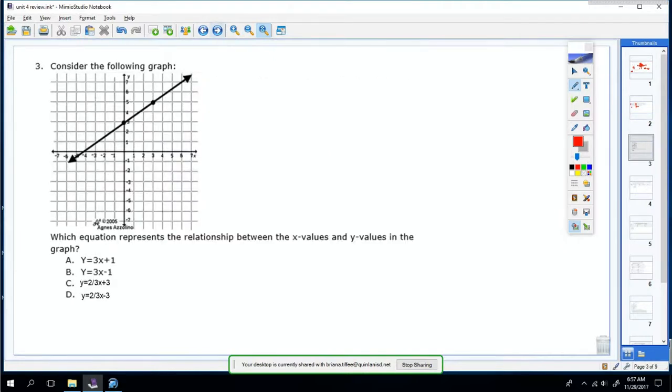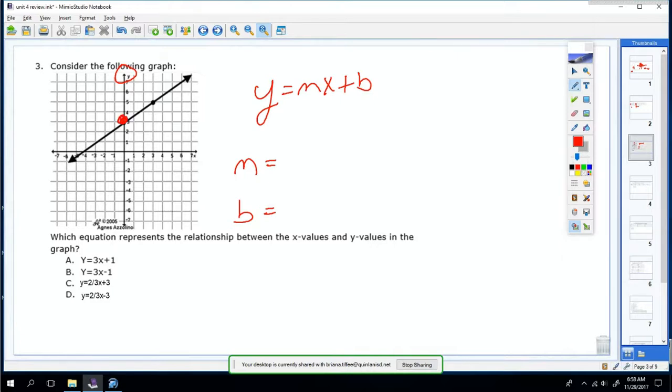Okay, now this one's trying to figure out the equation y equals mx plus b. To do that, you have to have your m and your b. First thing you do is always find your b, because when you find your b, you most likely will be able to find the answer. My b is where the y-axis touches the line, which is right here.